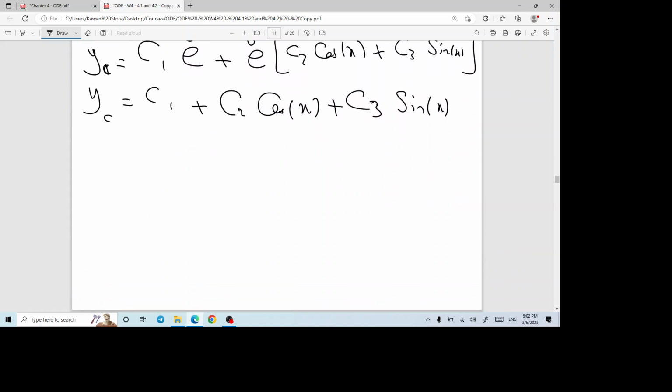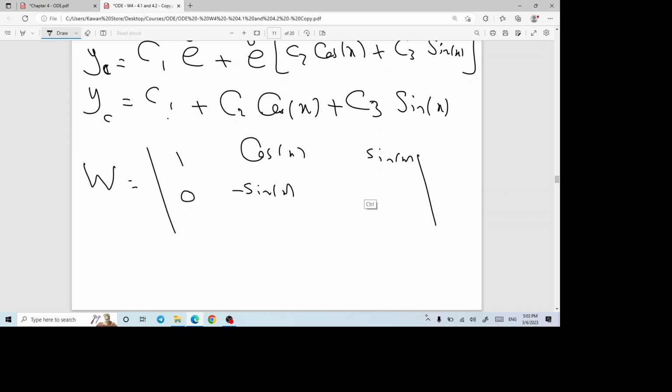Now, how do we solve the Wronskian? We have W. Here's 1, here's cosine x, here's sine x. Then the derivative of 1, derivative of cosine, derivative of sine, derivative of 0, again 0.